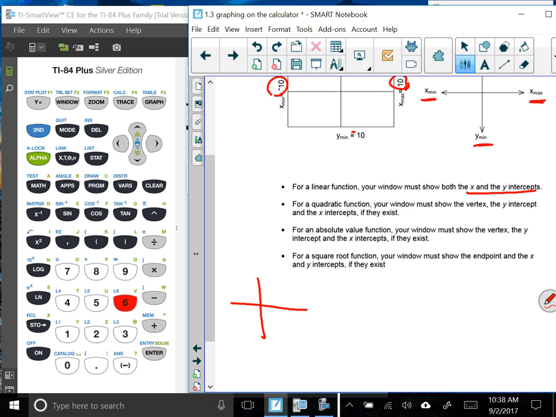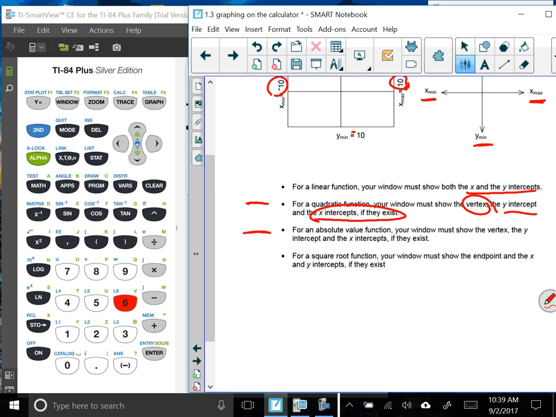So if you get this picture and your graph looks like this is your window, then something's not showing up, and I would need to change a number. And that's what we're going to work on for the next few. Okay, for both the quadratic and the absolute value, you have to see the vertex, the y-intercept, and the x-intercepts if they exist.